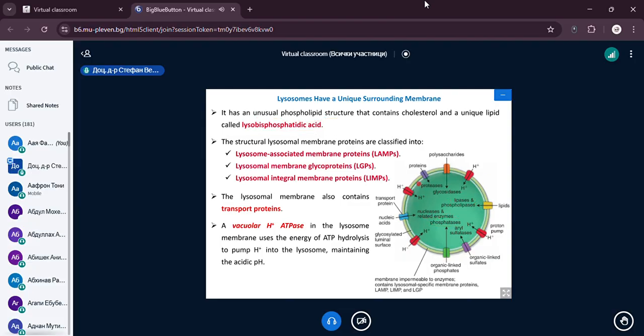lysosomes. Also, in the membrane of the lysosomes, together with transport proteins, channels, and other such functionally active proteins, there are special structural lysosomal membrane proteins which are heavily glycosylated.